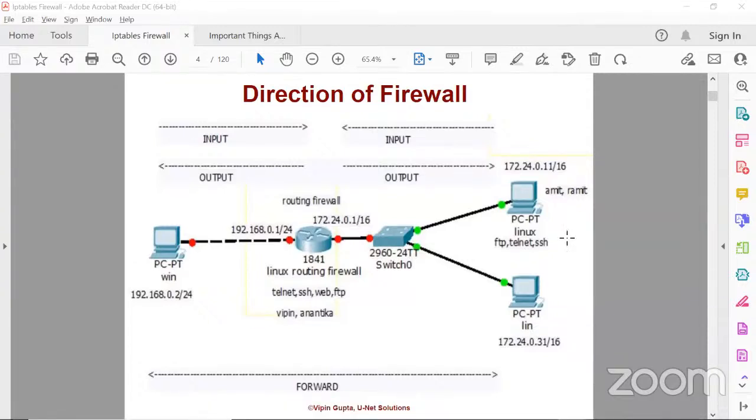So the second most important thing is the direction of firewall. Let me help you understand what the direction of firewall is. In my case, when I take physical classes, suppose the time is 10:30, normally after 10:30 I do not allow the students to enter the class. That means after 10:30 I lock the door from the inside.